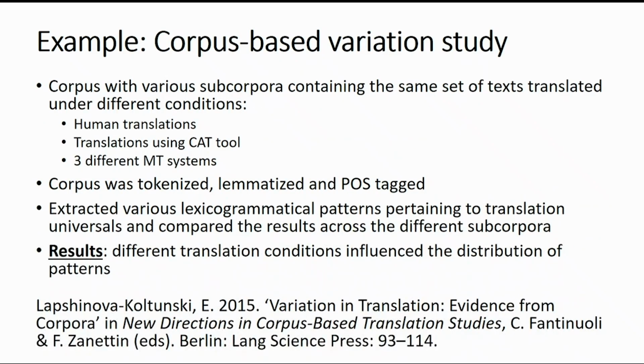As another example, this one was a corpus-based variation study. So the research team produced a corpus which they divided into several subcorpora, and they had the same set of texts that had been translated, again, under different conditions. There was a human translation without the use of technology.